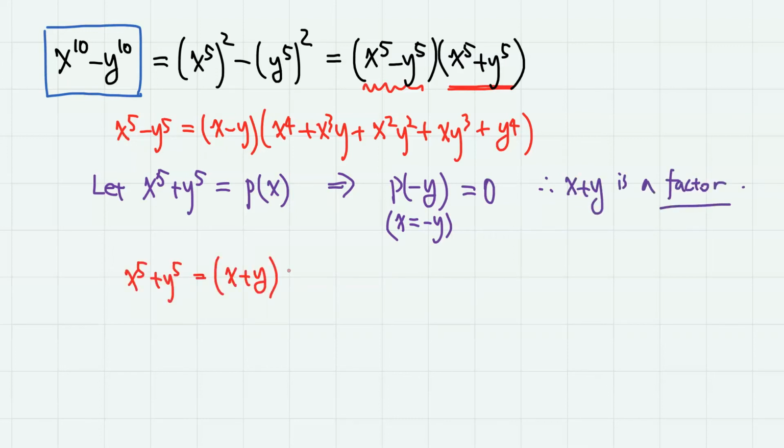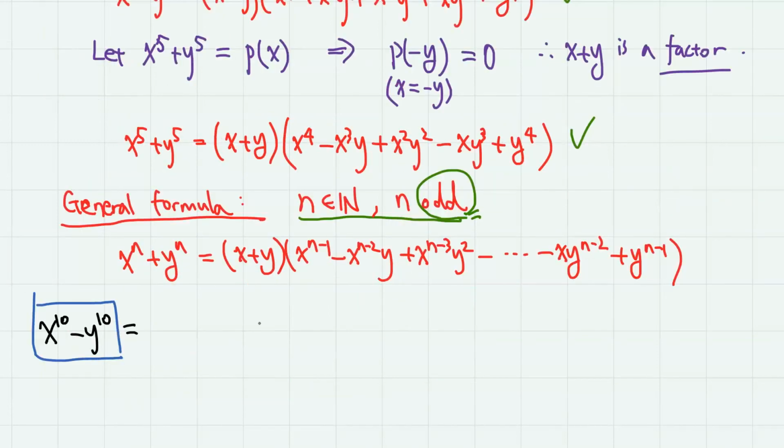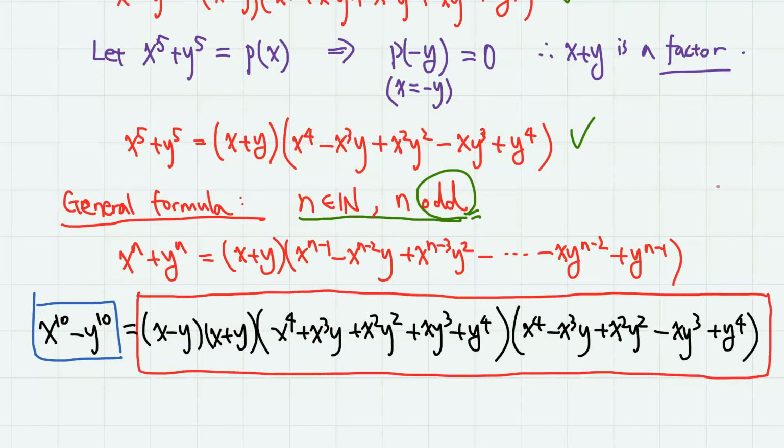So we have x plus y as a factor here, and if you carry out the division, you will obtain x to the 4 minus x cubed y plus x squared y squared minus xy cubed plus y to the power of 4. This formula also can be generalized, which is this formula. Here, n is an odd natural number. So using this here and this here, we now have the answer.